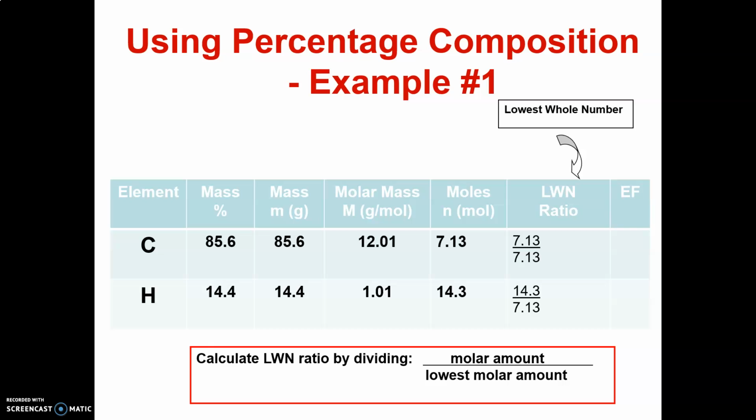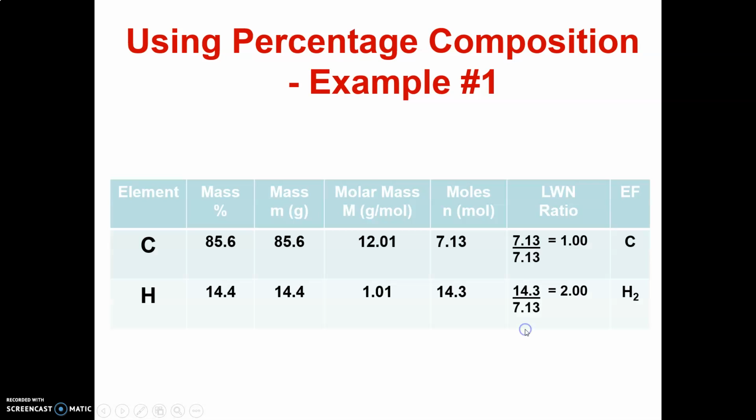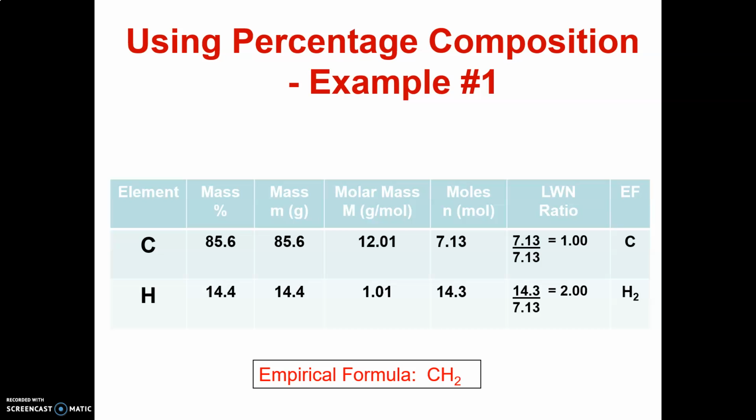Now we divide by the smallest number, as we said, so 7.13 divided by 7.13 and 14.4 divided by 7.13, so actually it's 1 to 2. So the ratio between carbon and hydrogen is C1H2, and this is the empirical formula, CH2.